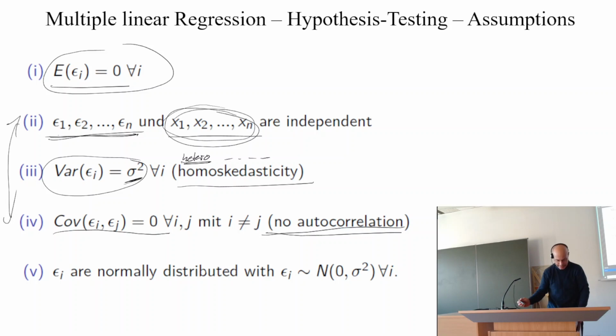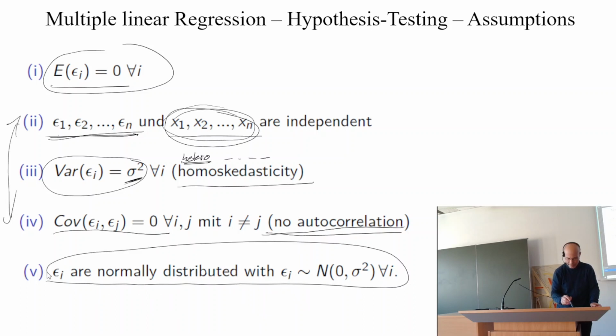And the last one is we assume that all our errors are normally distributed. Well, in general, we know also that this is not the case, but of course, this we can motivate by the central limit theorem.